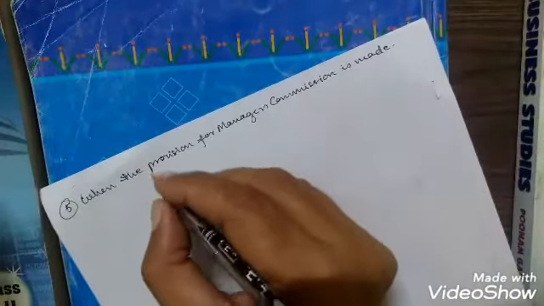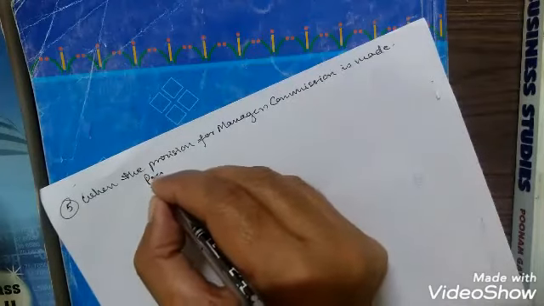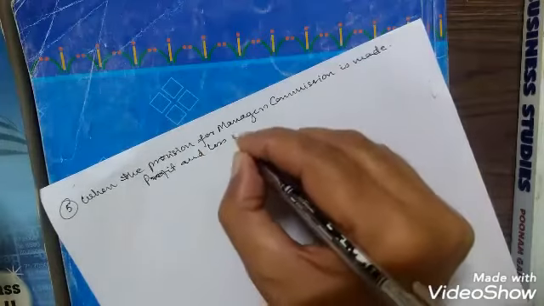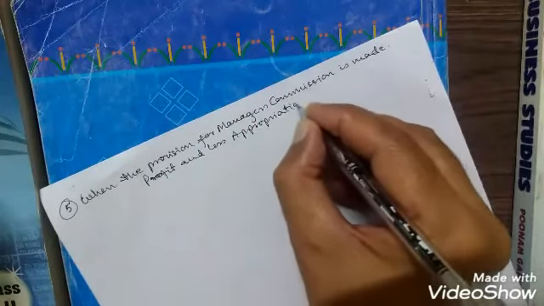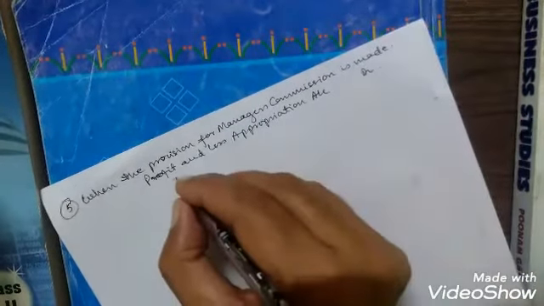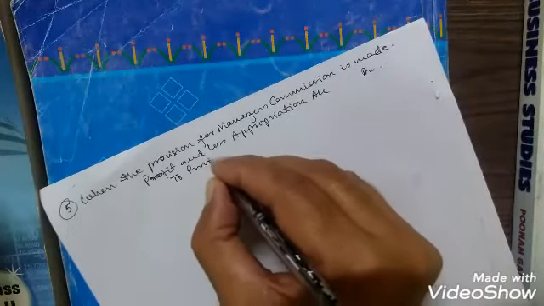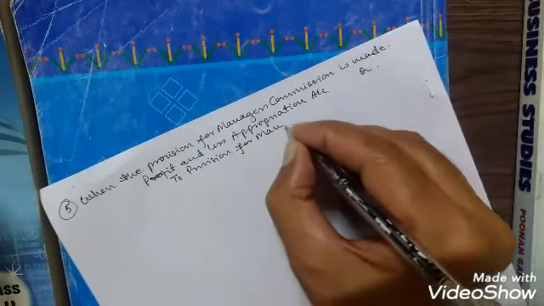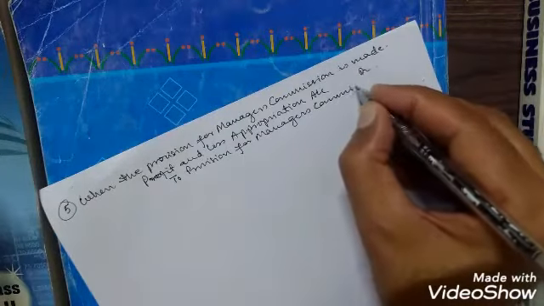In this case, profit and loss appropriation account will be debited to provision for managers commission.